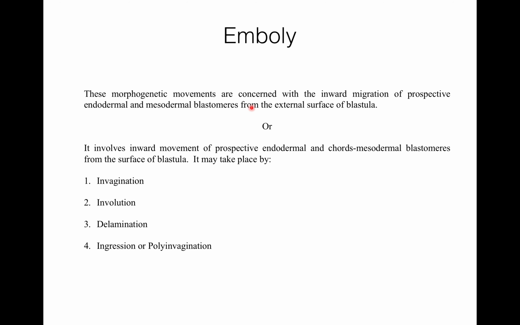Or we can say it involves inward movement of prospective endodermal and mesodermal blastomeres from the surface of the blastula. And emboly may take place by invagination, involution, delamination, ingression, or polyinvagination.